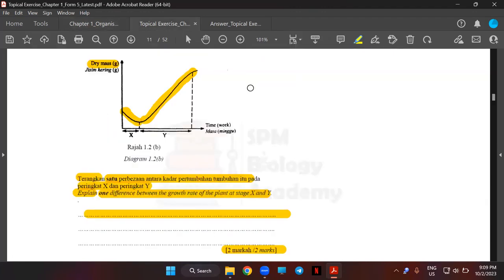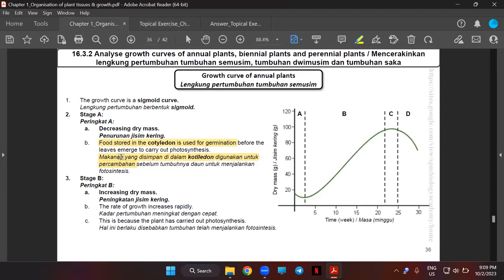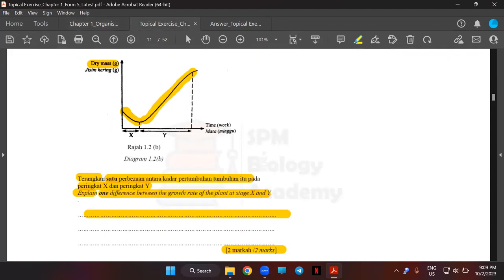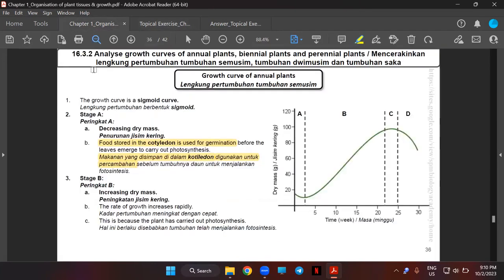Okay, wait. How to write? We write like this. At stage X, food stored in the cotyledon is used for germination. Di peringkat X, makanan yang disimpan di dalam cotyledon digunakan untuk percambahan.